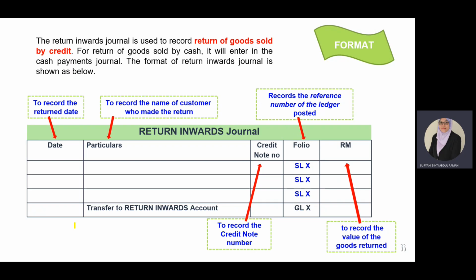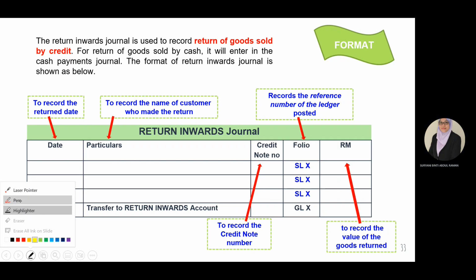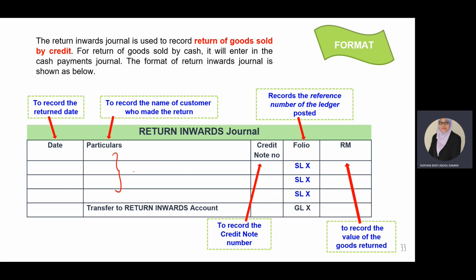Since we are recording the account of our customer, because return inwards is to record the return of goods sold on credit by our customer, we are going to use the folio here as the sales ledger, not the purchase ledger, since we are going to record the name of our receivable here.